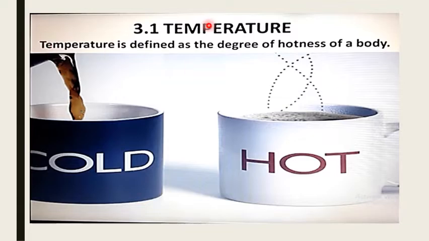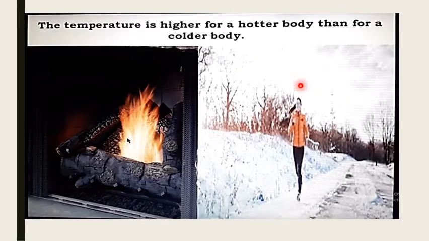Next we see that temperature is defined as the degree of hotness of the body. You can see the temperature is higher for a hotter body than for a colder body. This temperature is always higher for a hotter body than a colder body.